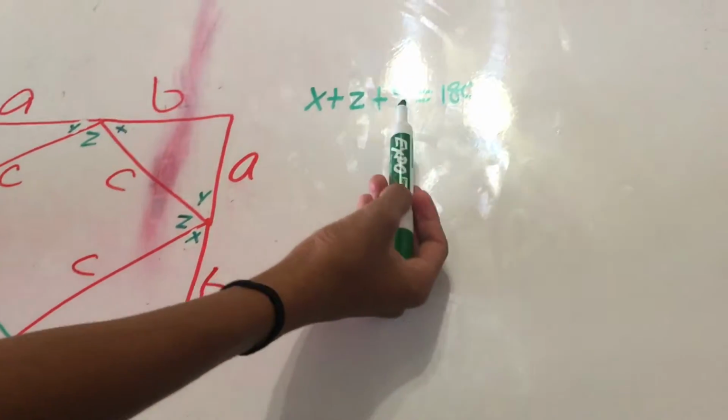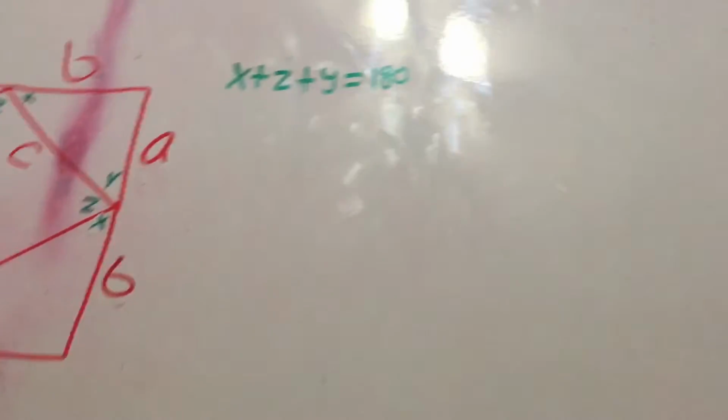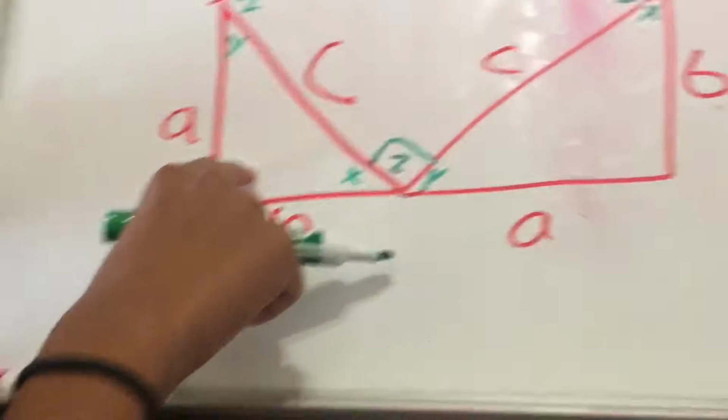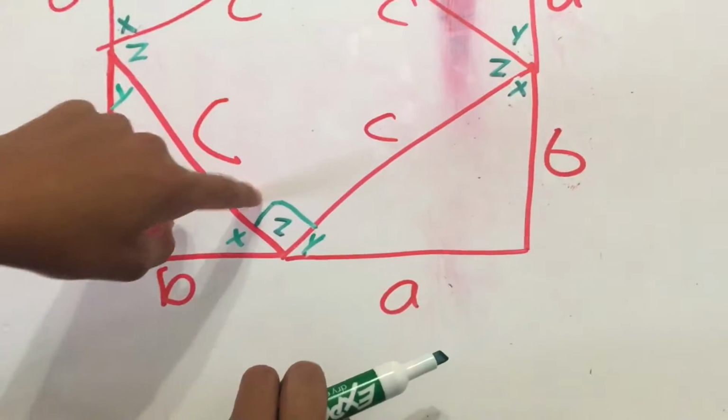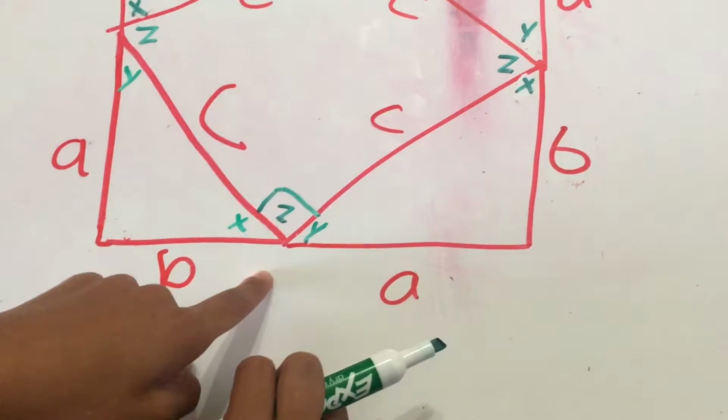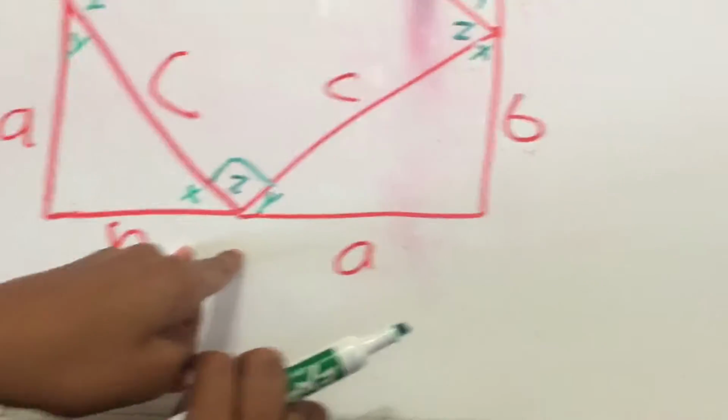Okay guys, now that we know that x plus z plus y equals 180 degrees, that just gives us one step closer to proving that this is a right angle. So we know that x, z, and y are supplementary, so they add up to 180.